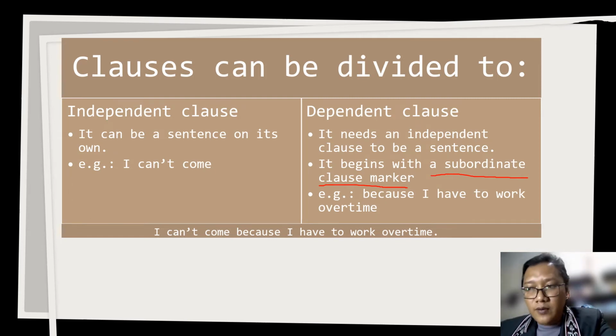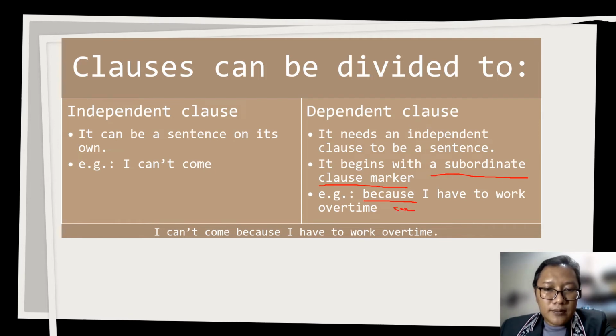We won't talk about them today, but just so you know, we have different kinds of subordinate clause markers. Look at the example here. Because I have to work overtime. Here we have because as a subordinate conjunction.